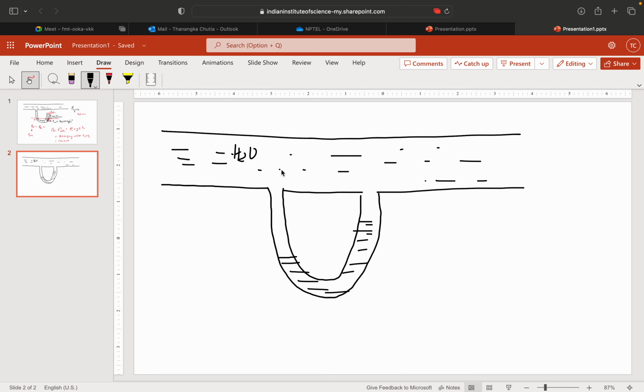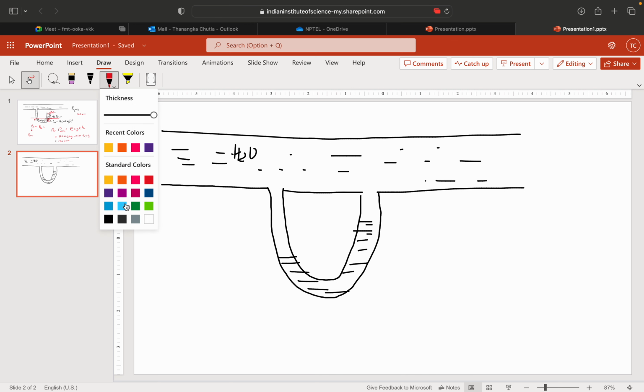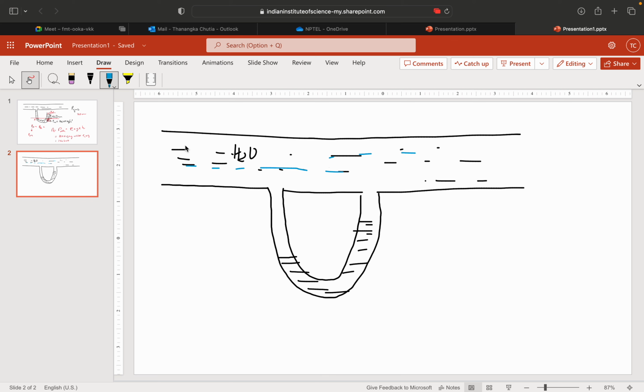Let me use a different color, then it will be good. I am using blue color for water, don't get confused. So water is flowing, and here also it will be all water. Now this is not open to atmosphere. This entire side is water, and this side also it is water, and this is my manometric fluid.